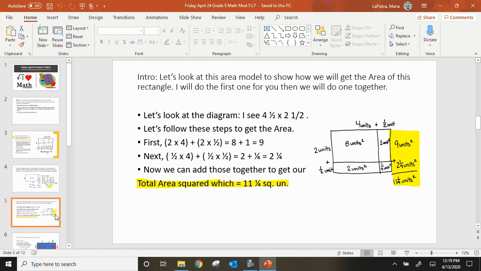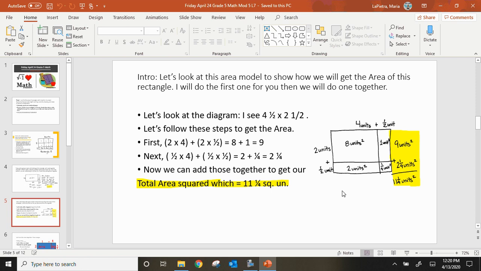Okay, so let's look at this area model to show how we will get the area of this rectangle. I'll do the first one for you, and then we will do one together. Okay, so let's look at the diagram. I see 4.5 times 2.5, and they broke it up by saying 4 plus a half and 2 plus a half.